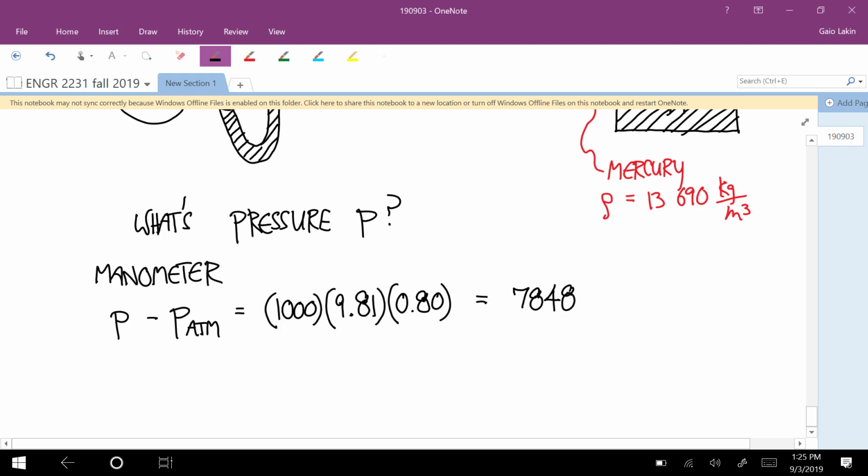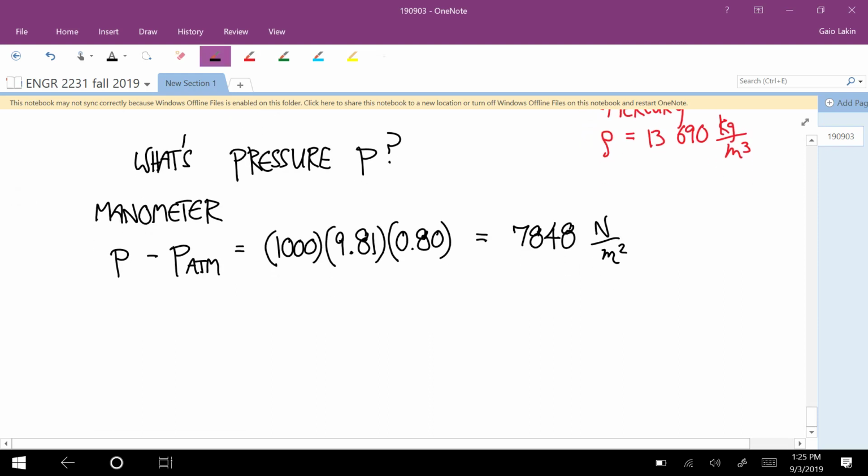We could figure out those units, but it's SI units, so it has to be pressure. Pressure is always a force per area, so this has to be newtons per meter squared. And the last thing we have to do is figure out what the atmospheric pressure is.